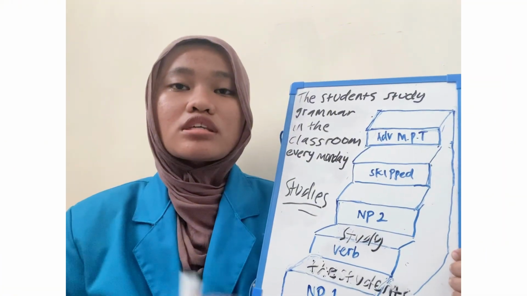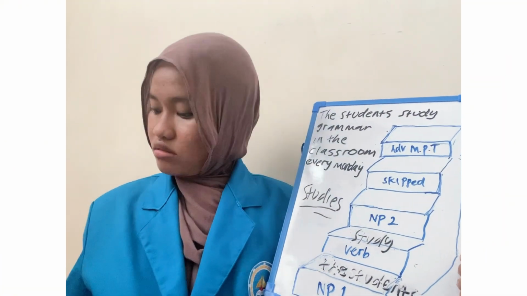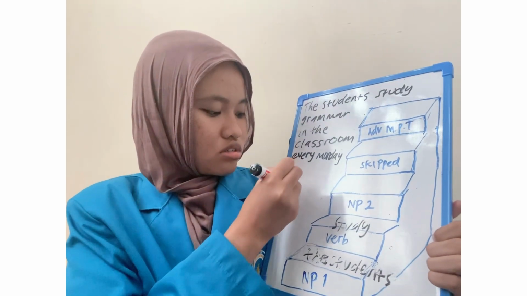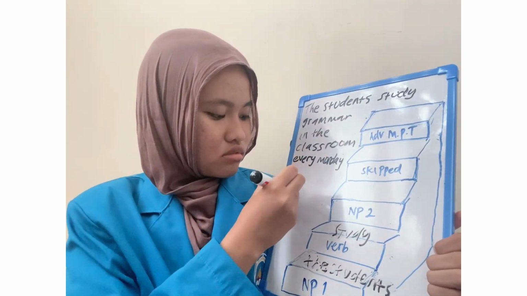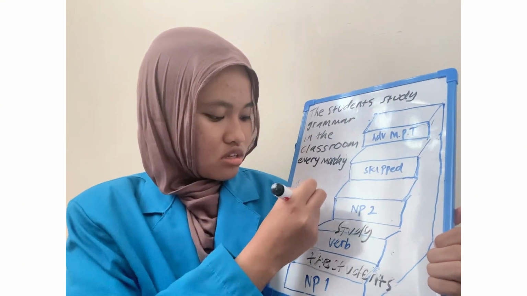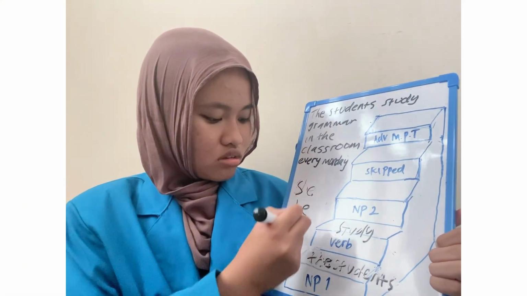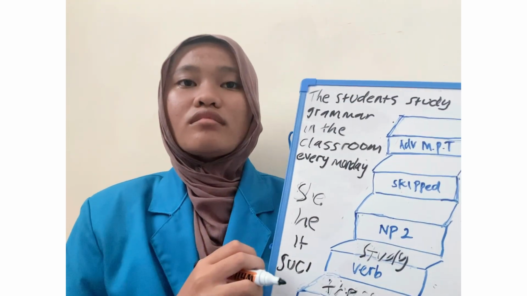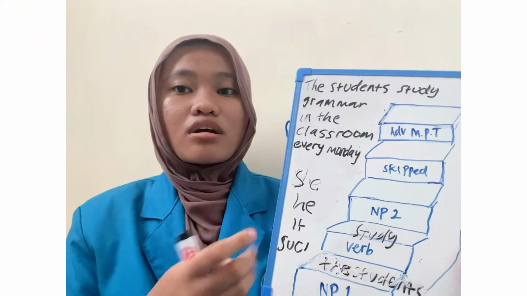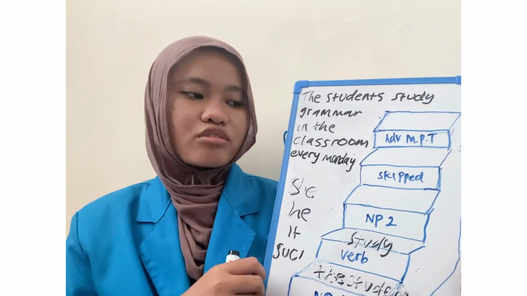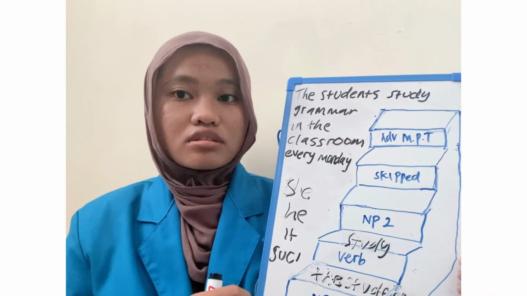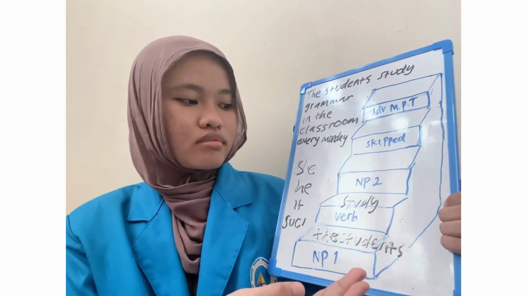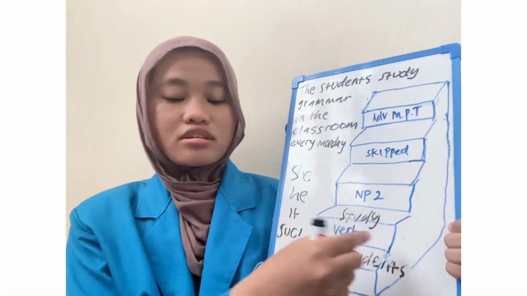But if the subject is singular, such as she, he, it, or a name like Suci, we add s or es to the verb. For example, one student studies grammar. So in stair 2, the verb is study.